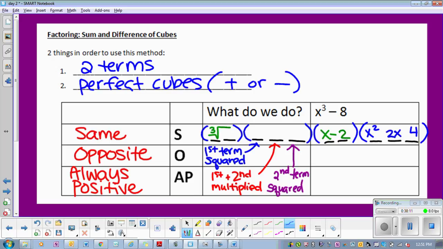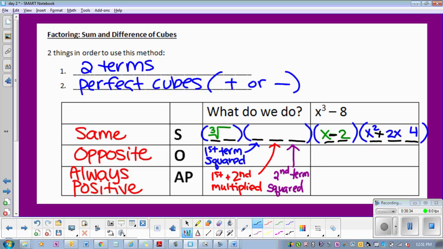Okay, so I'm going to do that now. If you're ready for the signs, good. This is where the SOAP comes in. Same, opposite, always plus. This sign is the same as your problem. I know this one's a long one. Same as your problem. So minus. What's the opposite? Plus.